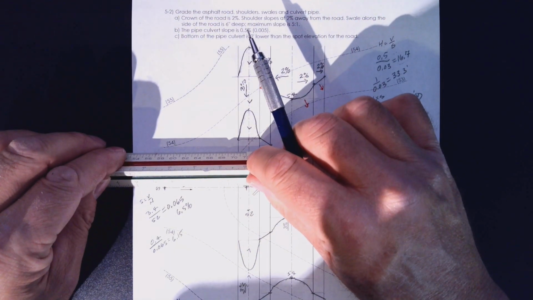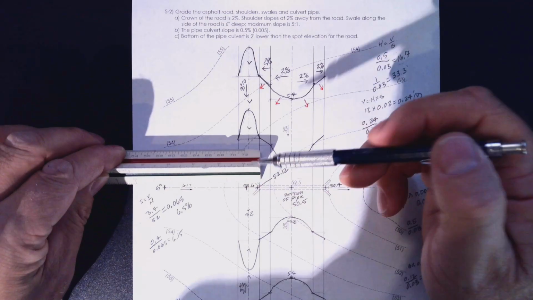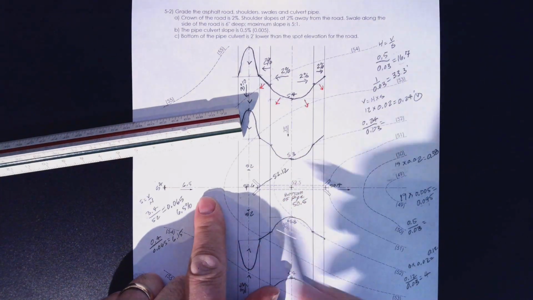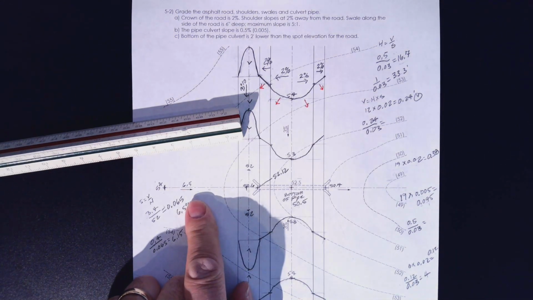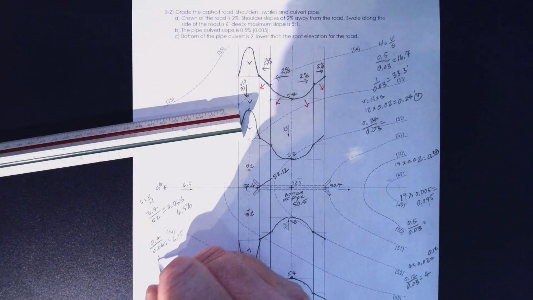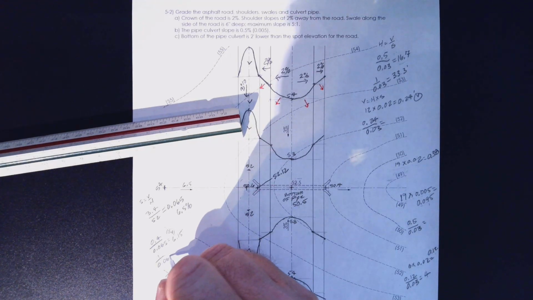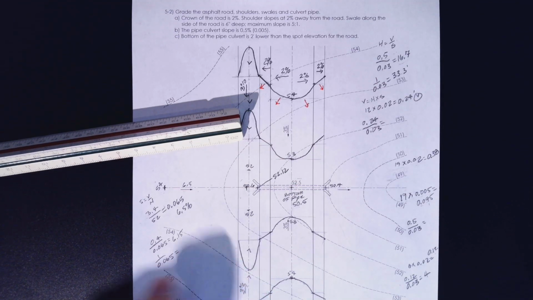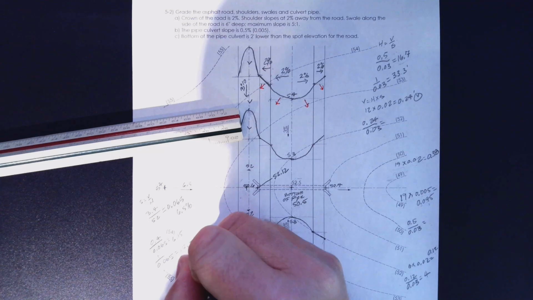So we're going to go from 50.6, 1 foot, at that same 6.5%. 1 foot divided by 0.065 equals 15.4 feet.